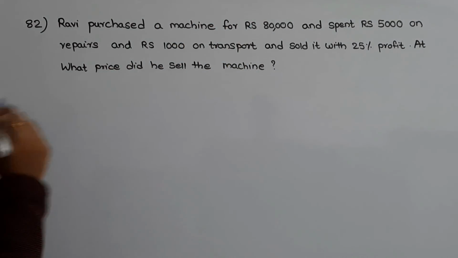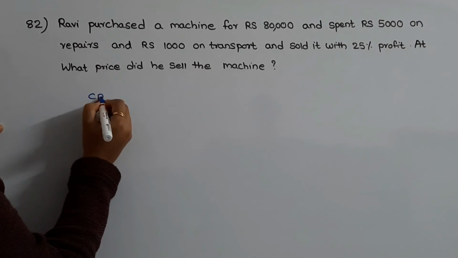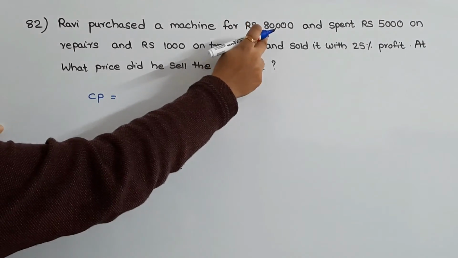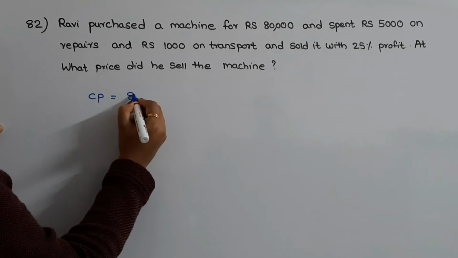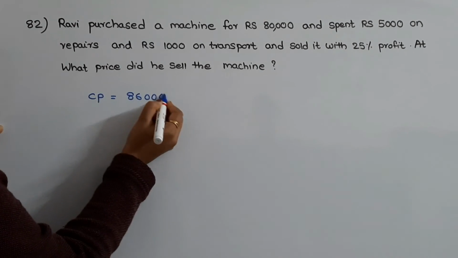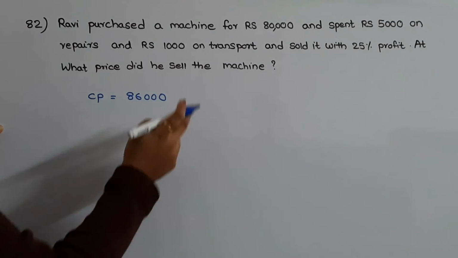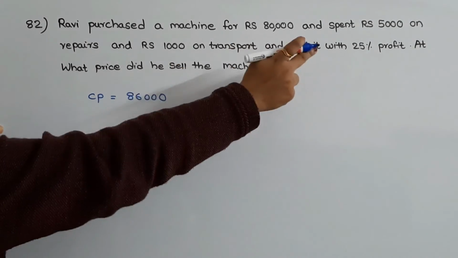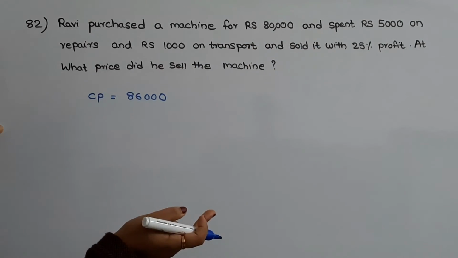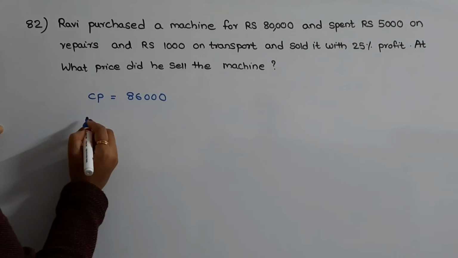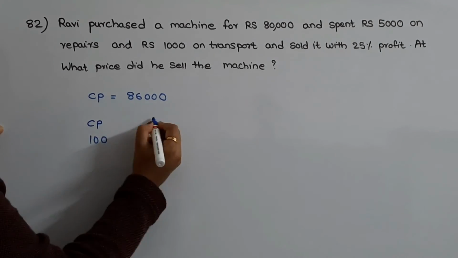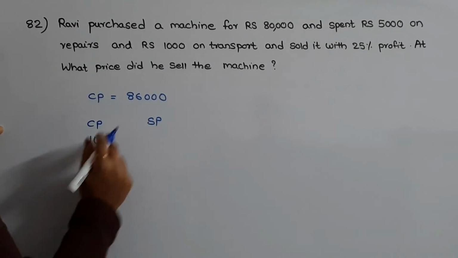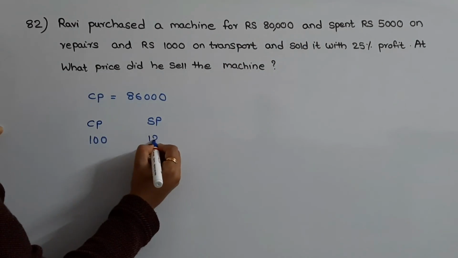So the cost price of the machine will be equal to 80,000 plus 5,000 plus 1,000, that will be equal to 86,000. Then we need to find out the selling price when the profit percentage is 25. Profit percentage is 25 means when cost price is equal to 100, selling price is equal to 100 plus 25, that is 125.